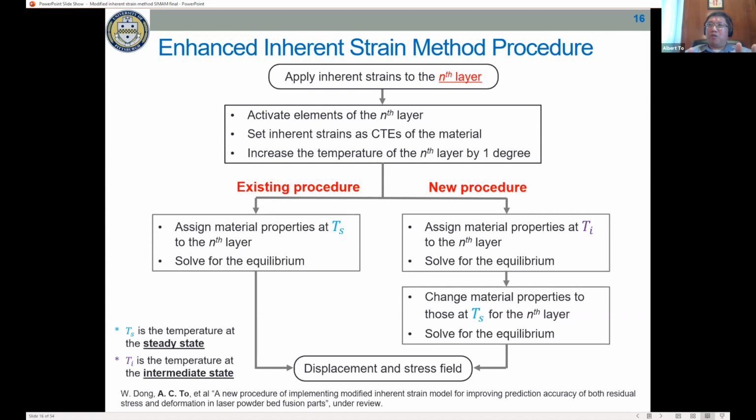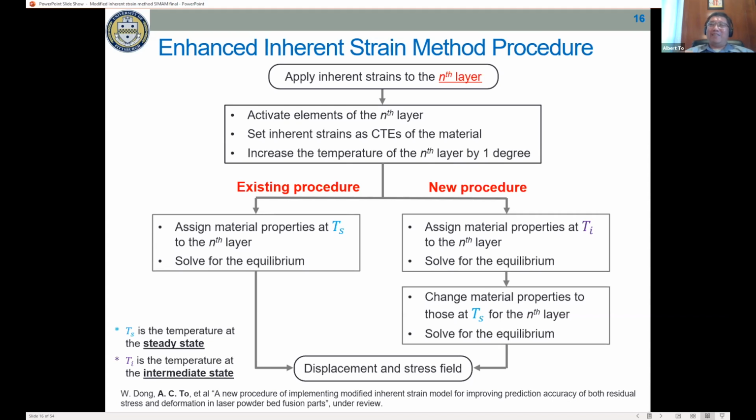Now we realize that, because of the way we extract the inherent strains, dividing them into an intermediate state, which is very hot, and a steady state, which is at room temperature, we should do this implementation in 2 steps.